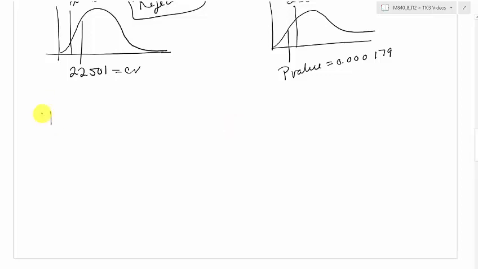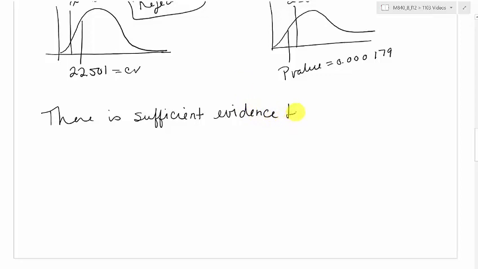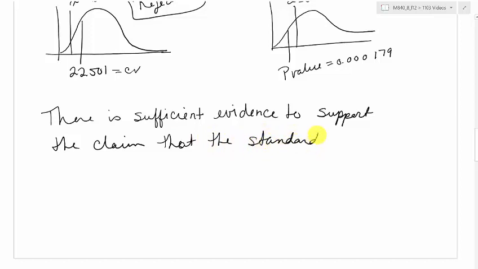So that means there is sufficient evidence to support the claim that the standard deviation is less than 0.15 ounces.